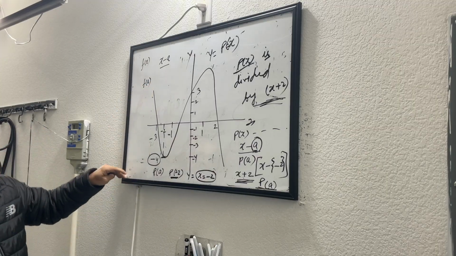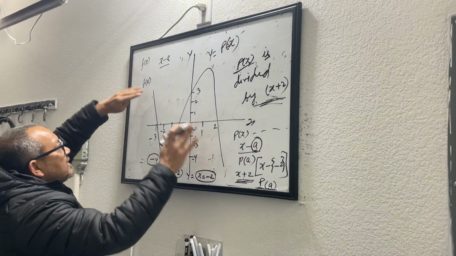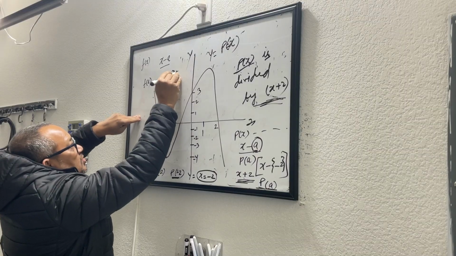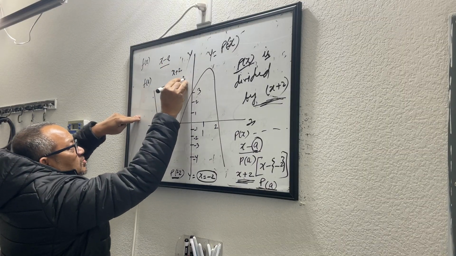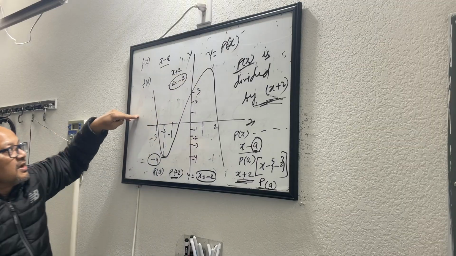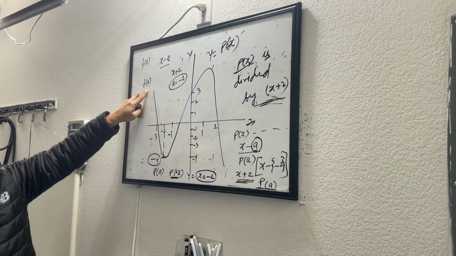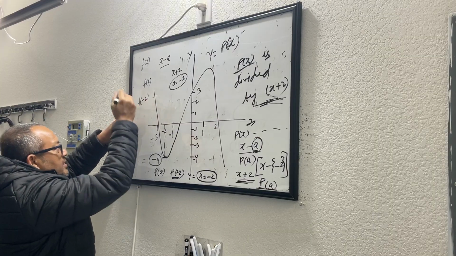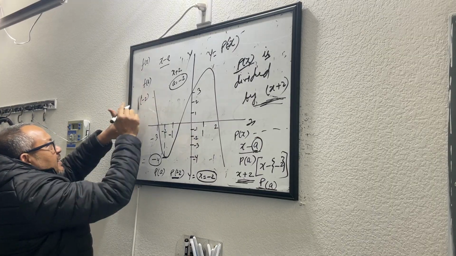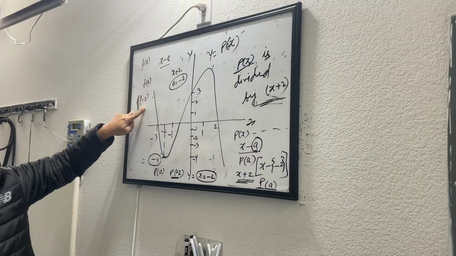Here, this is a polynomial, we are dividing by x plus 2, meaning my a is nothing but minus 2. So my remainder would be equal to f of a, f of minus 2, or here it is p. So my remainder would be equal to p of minus 2.